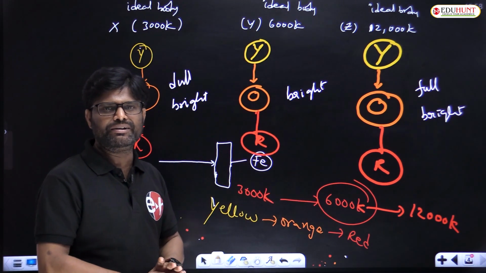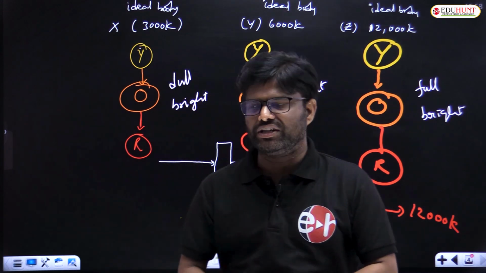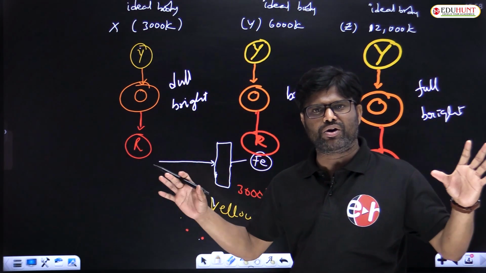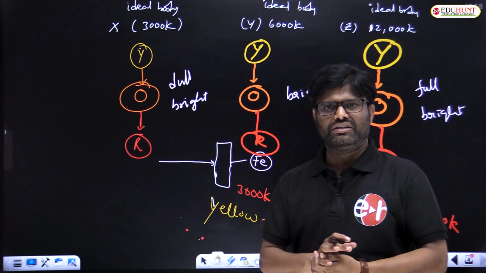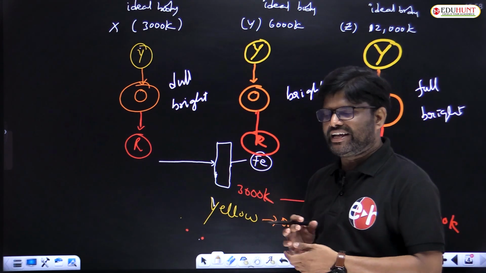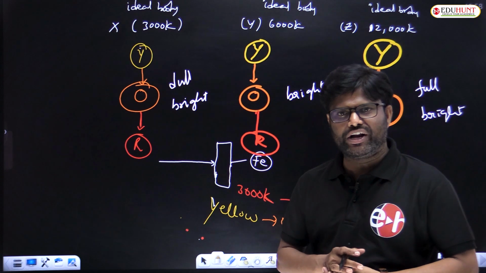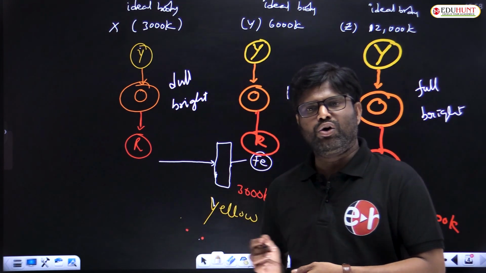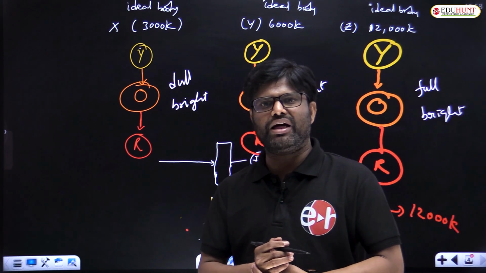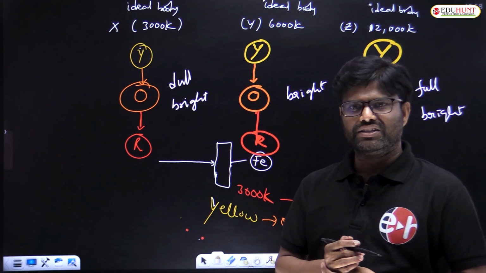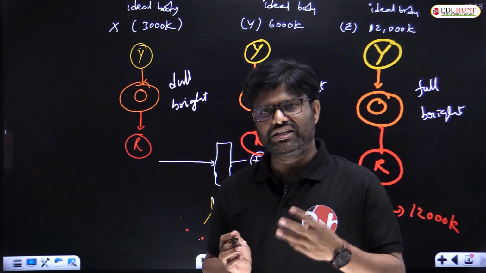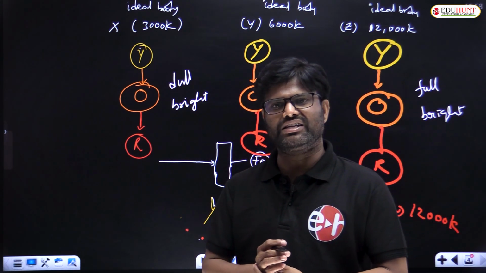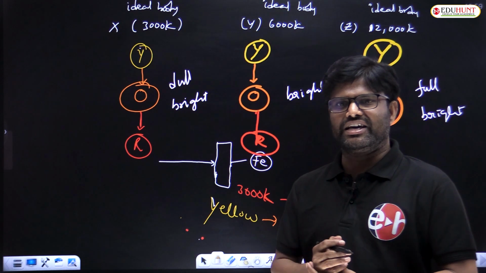Okay children, now let us discuss the black body. A black body is nothing but an ideal body. There is no perfect black body in nature, so that's why I am taking an ideal body. What is that ideal body? Carbon black. Next, a hollow sphere coated inside with platinum black, which has a hole on the wall. The sun is also an example, but we are not taking the sun.